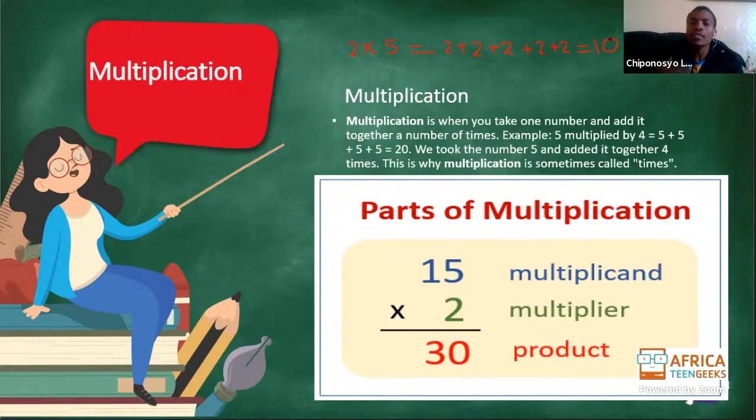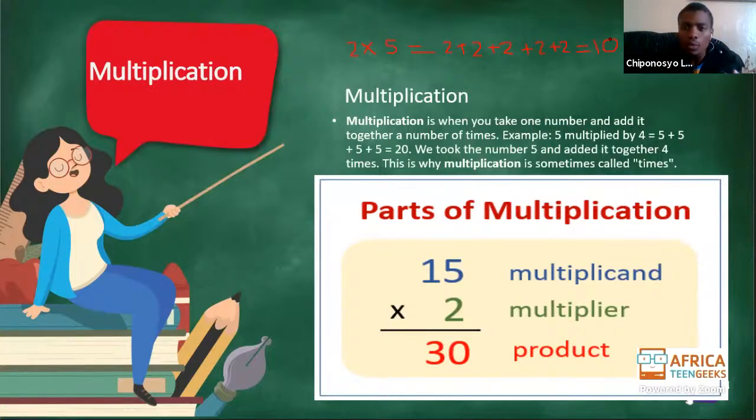That's why the word multiples comes from multiplication. When we think about multiples, remember, we're adding the same number those times. So multiples of 2 are 2, 4, 6, 8, 10, 12. How do we get the multiples?